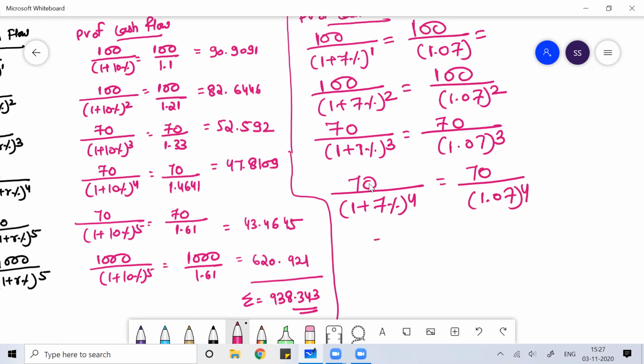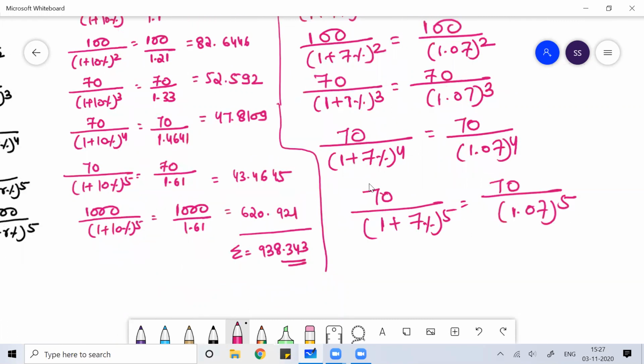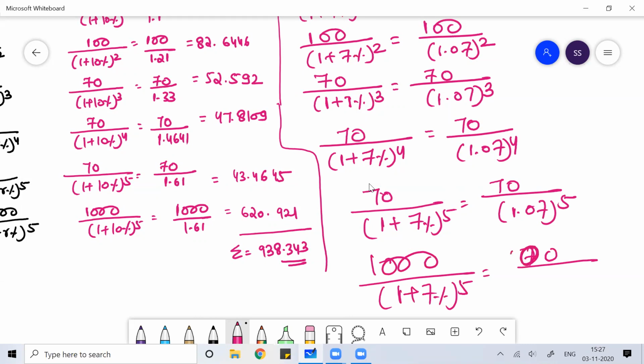Then for the fifth year, 70 divided by 1.07 to the power 5. Then 1000 divided by 1.07 to the power 5.